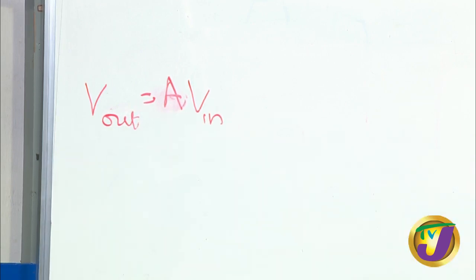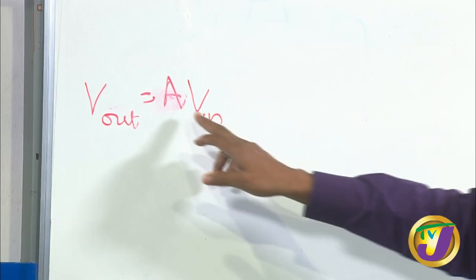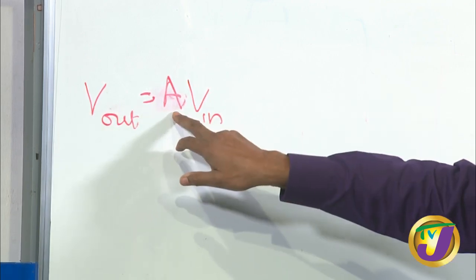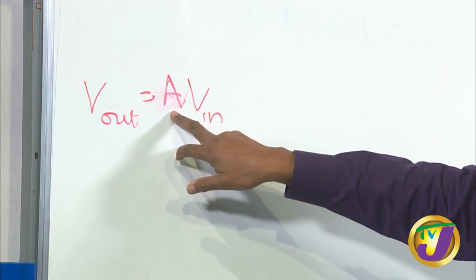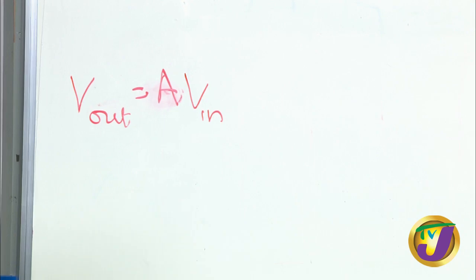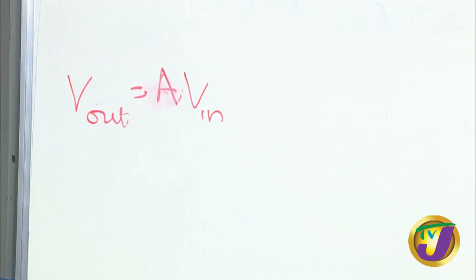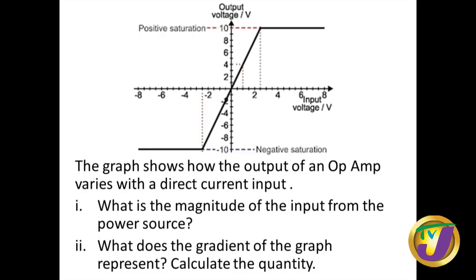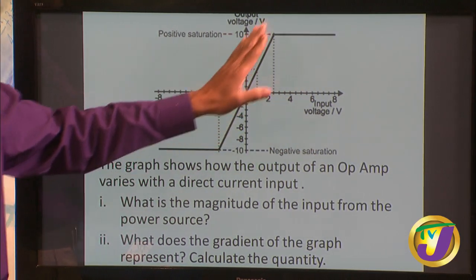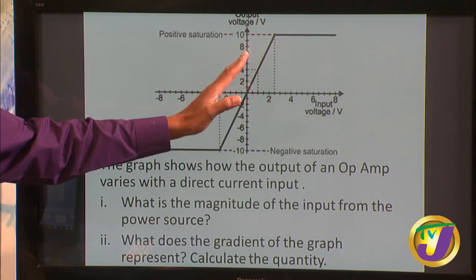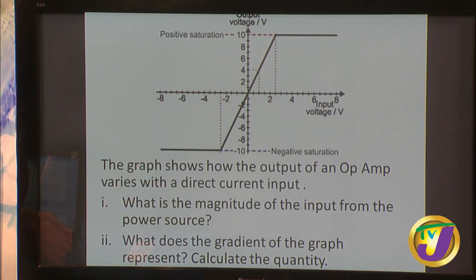So if we plot a graph of V out against V in, we will get a straight line passing through the origin, and the gradient of that graph will be equal to the gain. So the gradient of the graph represents the gain of the operational amplifier, and we can find that gain by finding a value for the gradient of the graph.